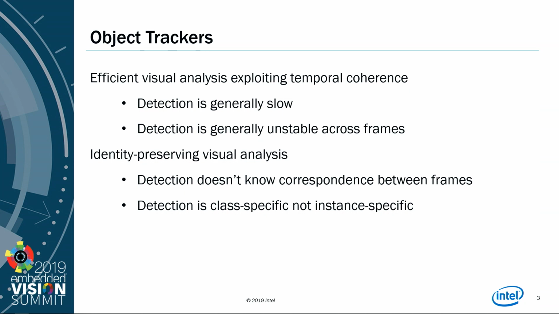And the second reason, which I think is more important, is identity preservation. Because if we can keep track of the identity across multiple frames, we can do further analysis or more accurate decisions based on that. But detection doesn't know correspondence between frames because detection is class specific, it's not instance specific.